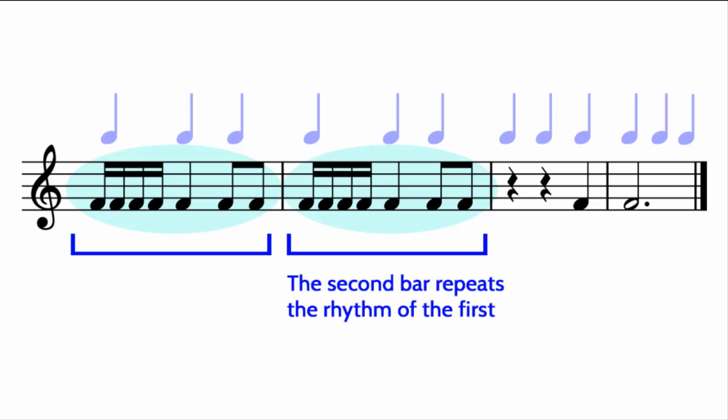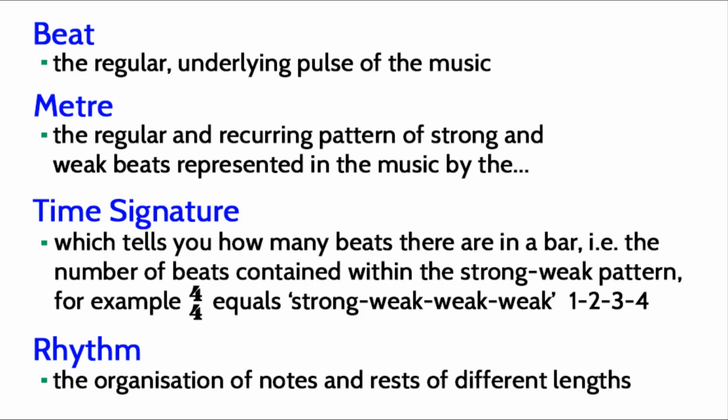Okay, to finish off, let's do a quick recap of all of these terms. Beat is the regular underlying pulse of the music. Metre is the regular and recurring pattern of strong and weak beats represented in the music by the time signature, which tells you how many beats there are in a bar.